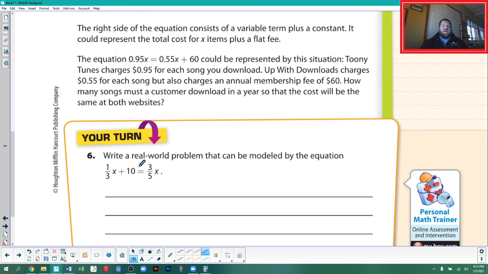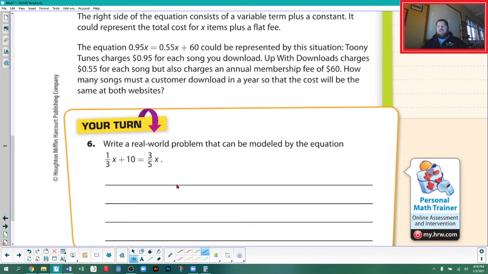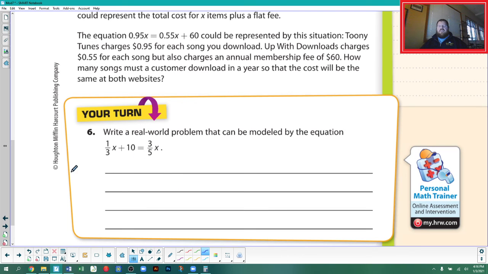So this side has a base charge plus a little bit less for every square foot put in, and the right side has just a price per square foot. A little bit weird with those being fractions, but if you had to turn them into decimals to make more sense of it money-wise, you definitely could.